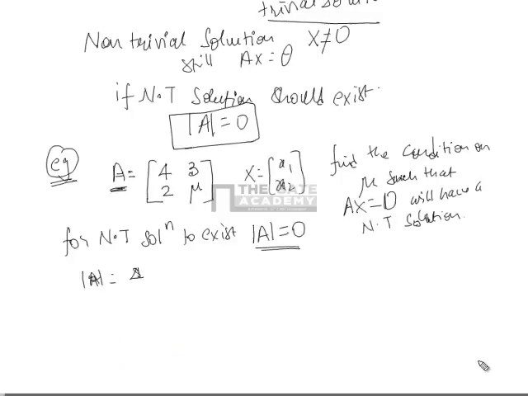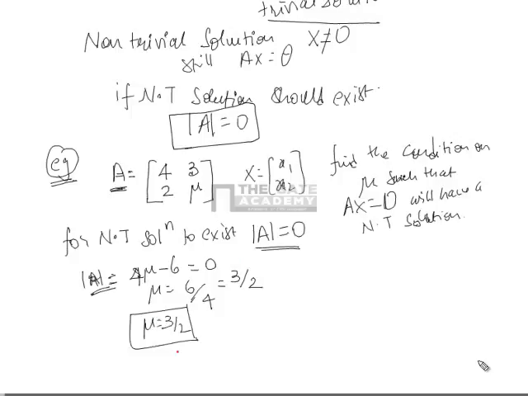Determinant A is 4 mu minus 6, and this should be equal to 0, or mu should be equal to 6 by 4. This is nothing but 3 by 2. So if mu is 3 by 2, I will have determinant A equal to 0. So mu is equal to 3 by 2 is the required solution.